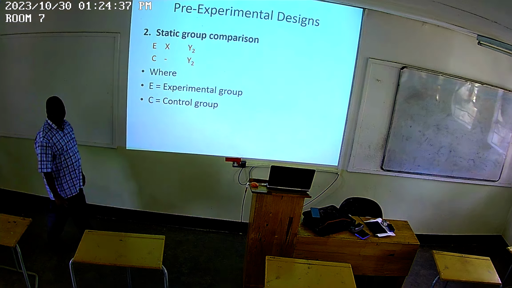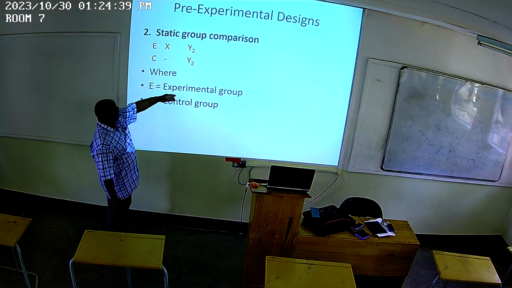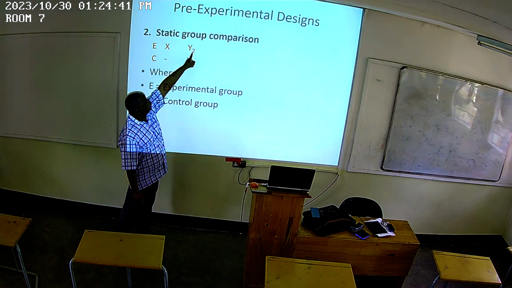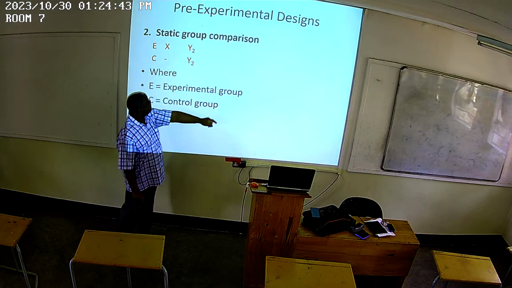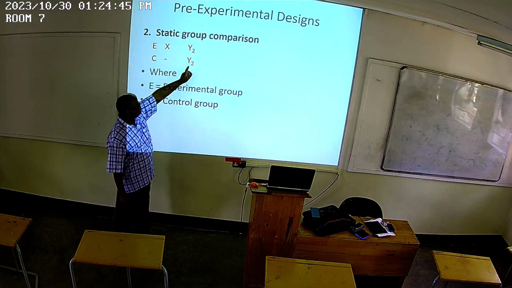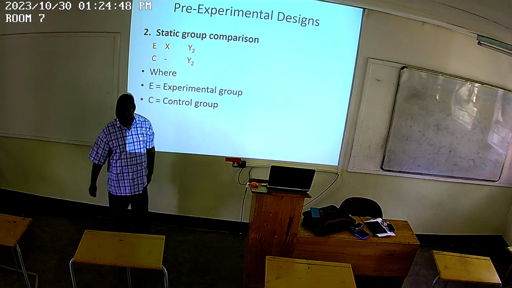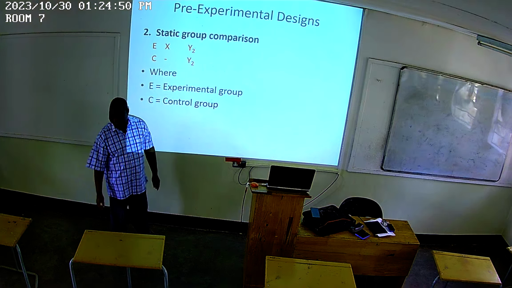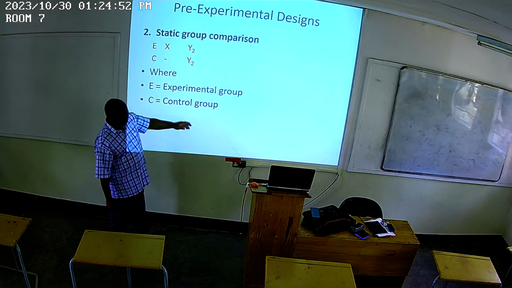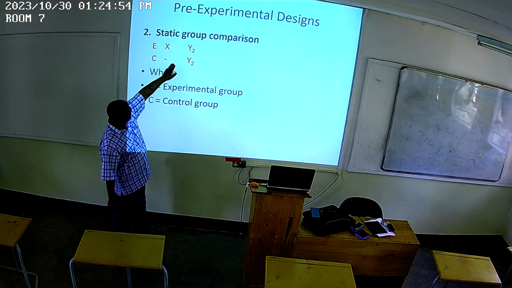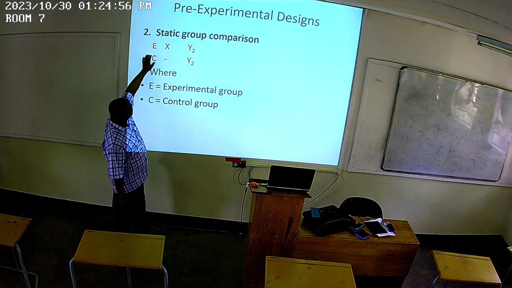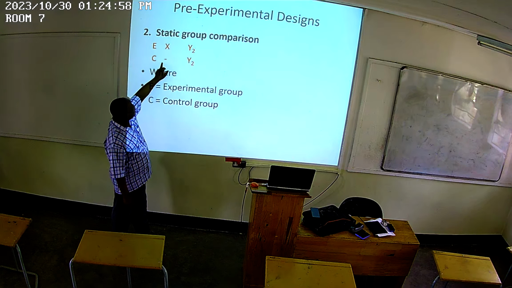You assess the difference by Y2E minus Y2C. That's what it is trying to say. Because in this arrangement, we have a control group, so there's nothing happening.